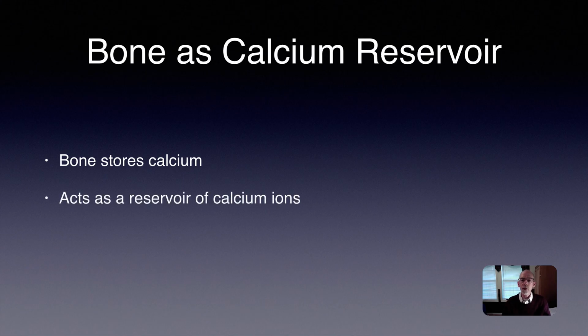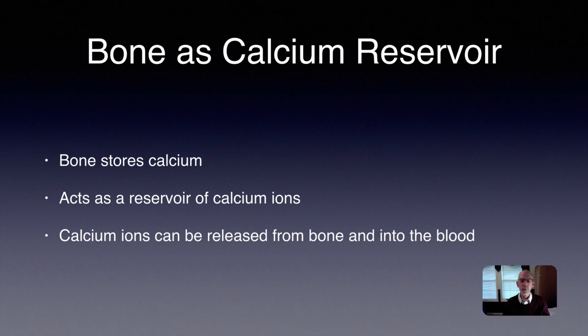So this is the whole idea of the skeleton acting as a reservoir of calcium ions. Again, the idea is that if we have a low level of calcium ions in our bloodstream, then the bone can release the calcium from the bone tissue and put it out into the blood.